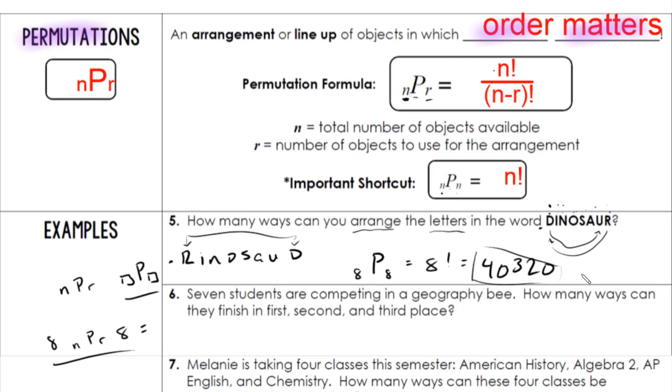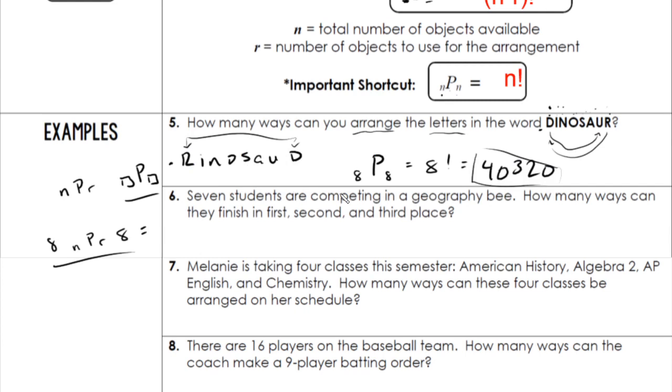Next up, 7 students are competing in a geography bee. How many different ways can they finish first, second, and third place? Now, here's a situation. Every time on these problems, you want to ask yourself, does the order matter? So say I picked 3 students, student 1, student 2, and student 3, and they were first, second, and third.